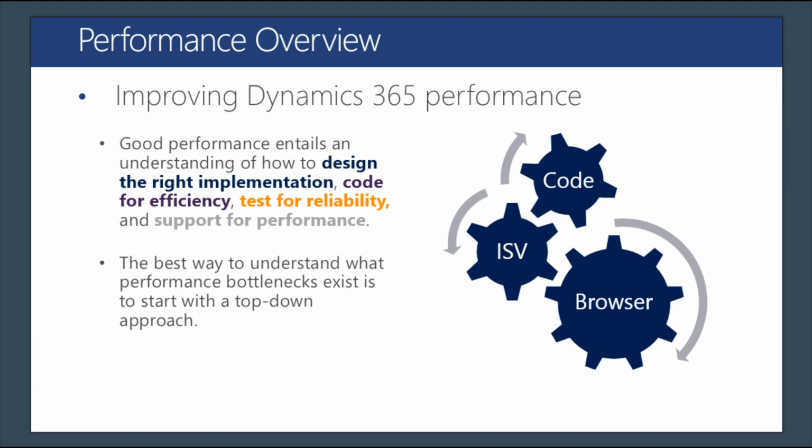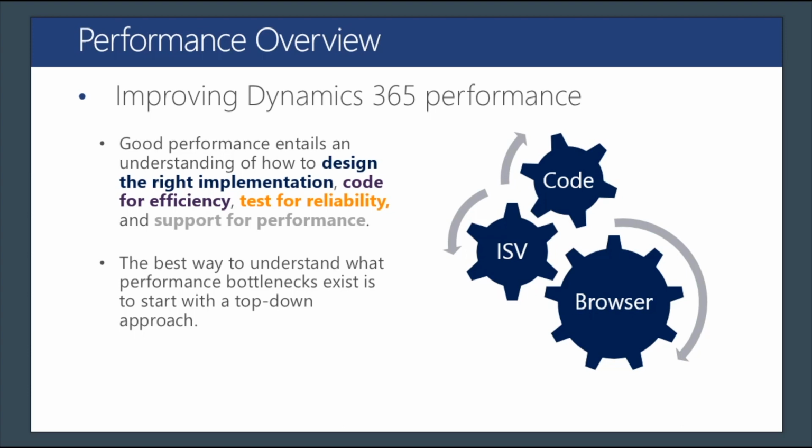Then we will look at the solution that has been developed on your Dynamics 365 server, and finally we'll look from a service standpoint as well. So we're going to take this top-down approach when we're talking about performance optimization and what you can do to improve the performance and the experience for your end users. Hopefully you'll enjoy this, and you'll agree with our approach of discussing things top-down when it comes to performance.